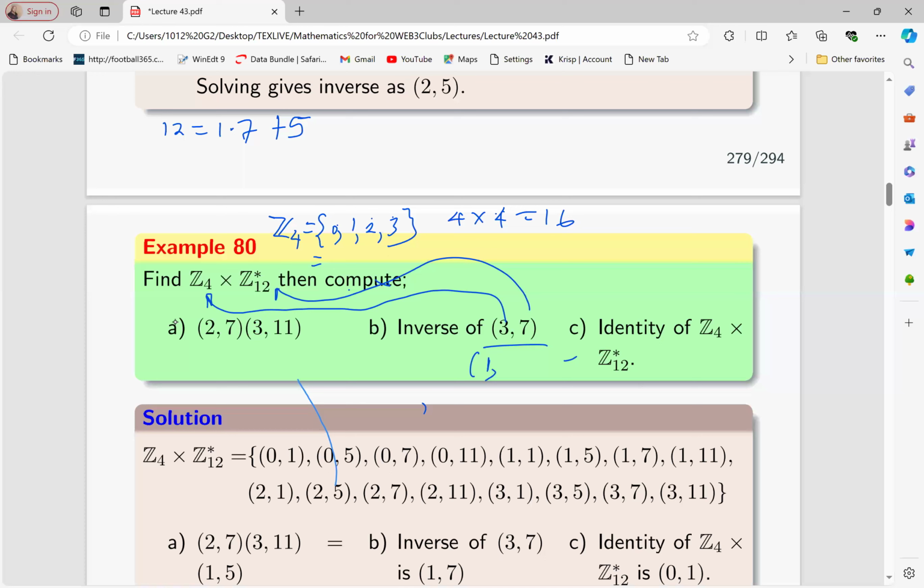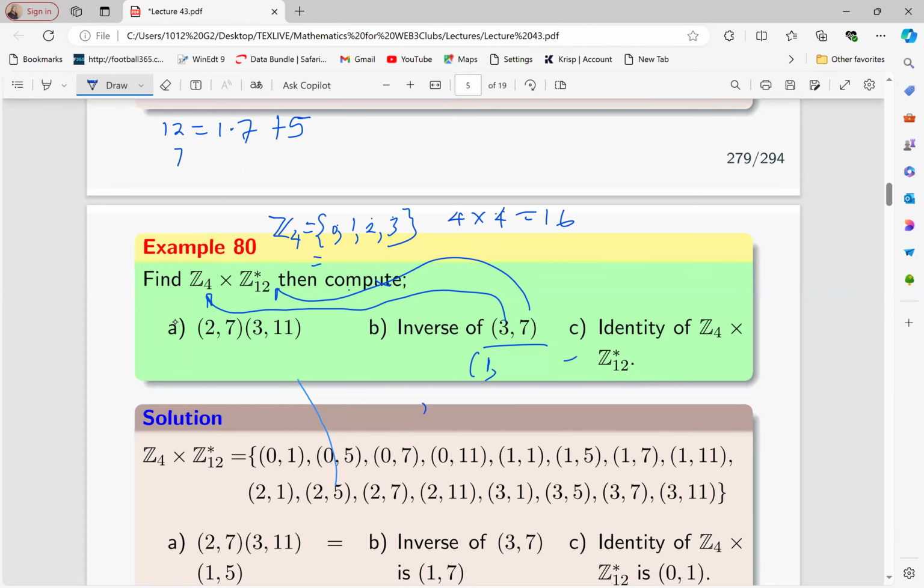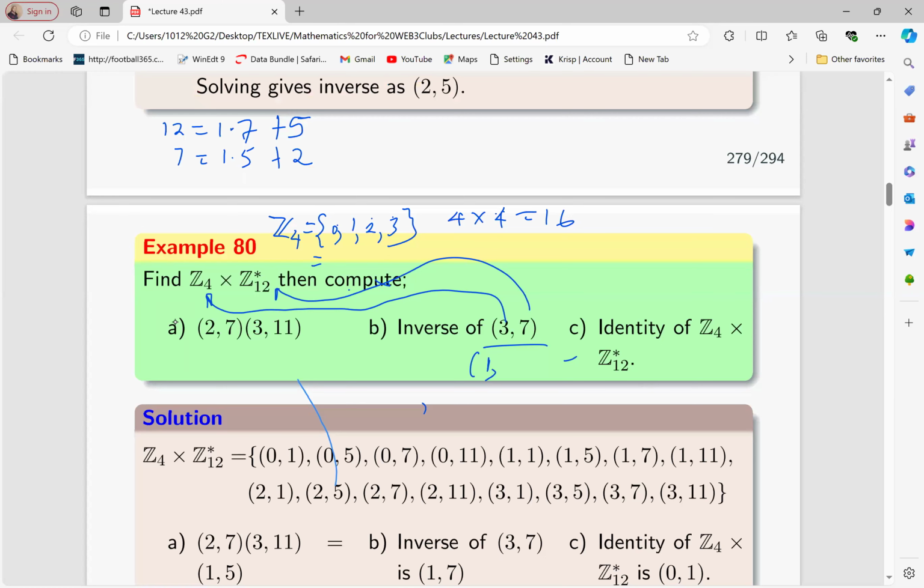And then we ask ourselves, if 5 were to go into 7, how many times will that be, and what will be the remainder? And then if 2 were to go into 5, how many times, and what will be the remainder? The current remainder we have is our GCD. Is that okay? It's our GCD.